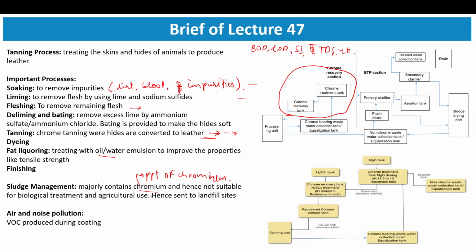So here we just send it to landfill sites and properly cover it so that further toxicity through leachate formation is not obtained. Right? So these were the major things of the tannery industry.